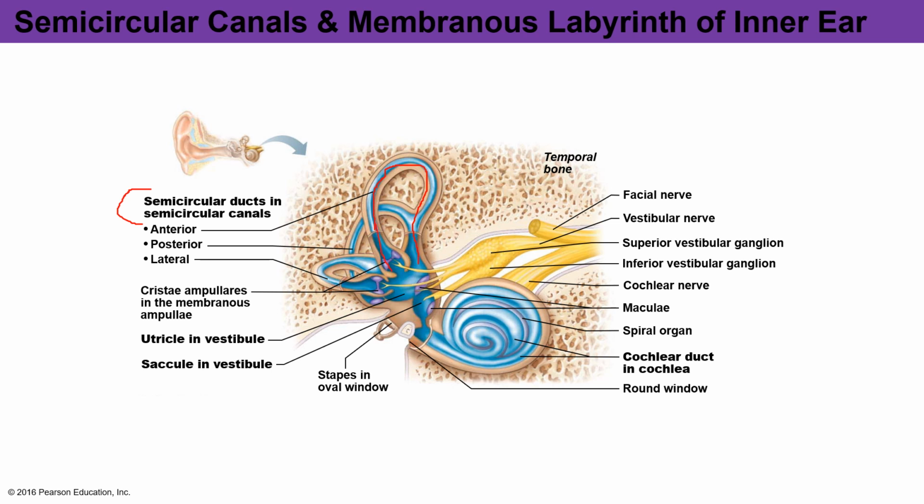I'll grab green for our posterior here, ducking behind that guy and along through here. I don't know if you can see where I'm at. And then I will do yellow for our lateral canal right here. I'm going to go ahead and erase that so you can see it for yourself without my drawing in there.